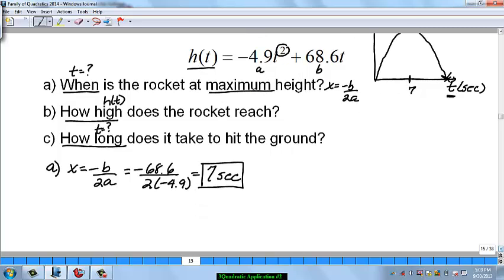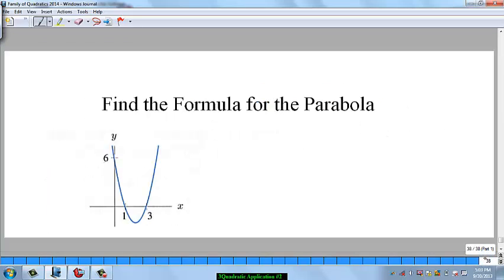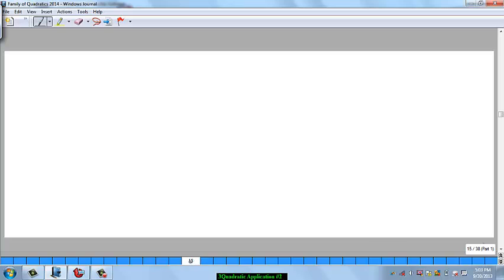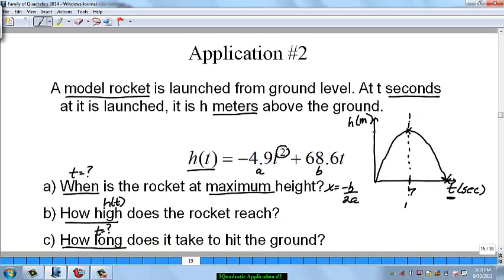Now B asks, how high does it go? Well, if I know it's 7 seconds, let's look at this picture again. This is my axis of symmetry that we just found. If I know at 7 seconds it's going to reach its max height, I can plug it into the formula, because this formula says the height at whatever seconds.